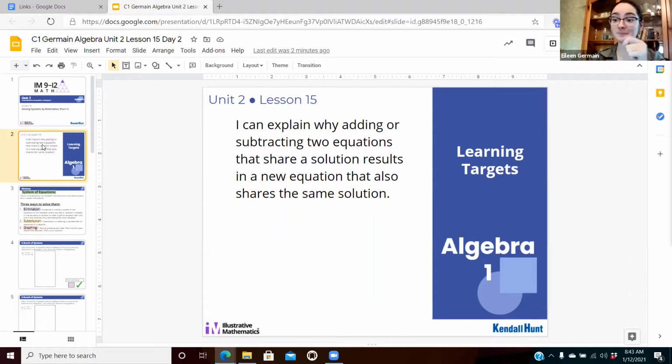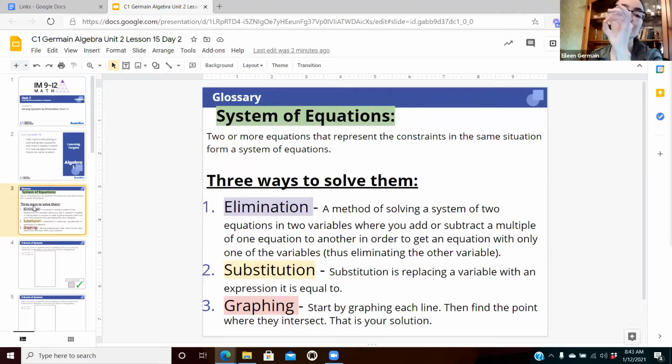It's pretty cool. And we learned that through this idea of solving systems of equations, there are three strategies that we like to use. The first one, listed as number 3, and I didn't change it today again, is graphing.